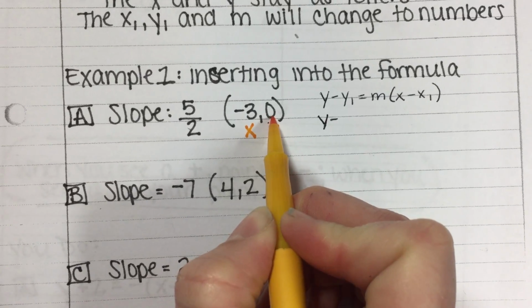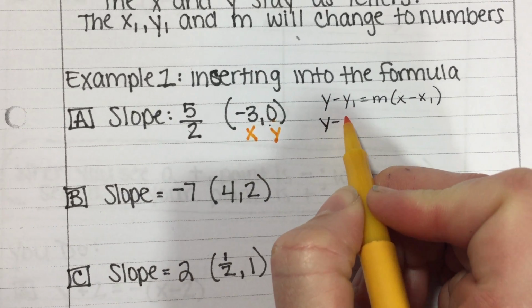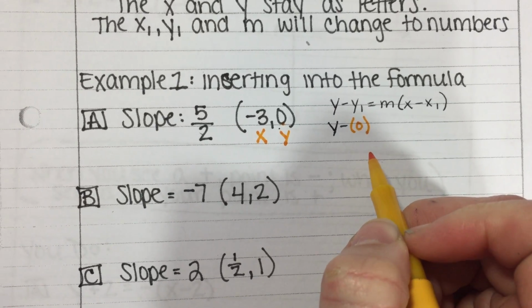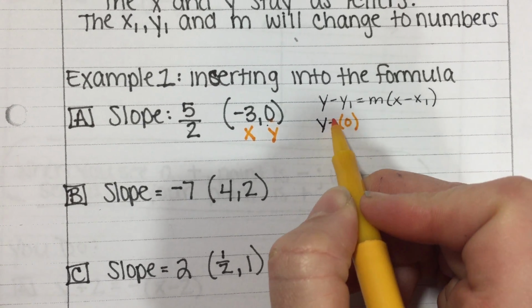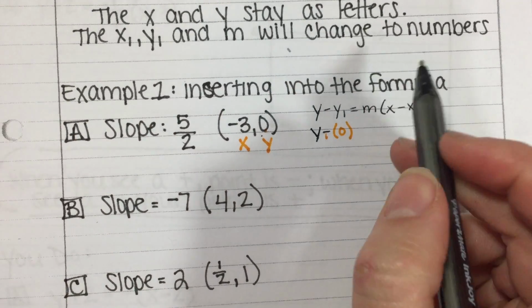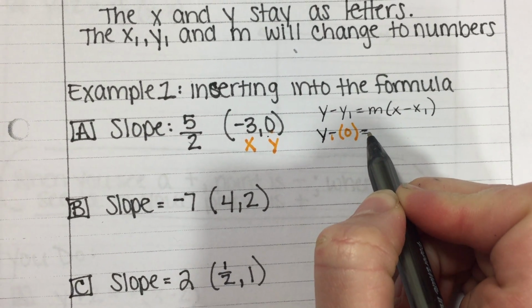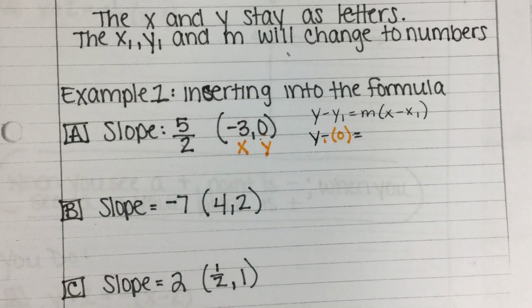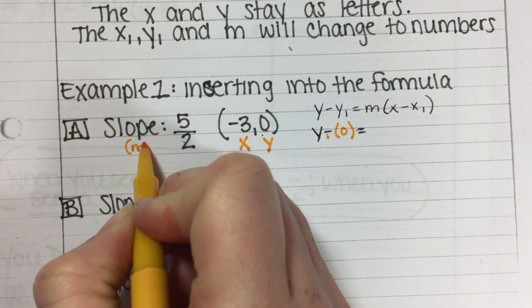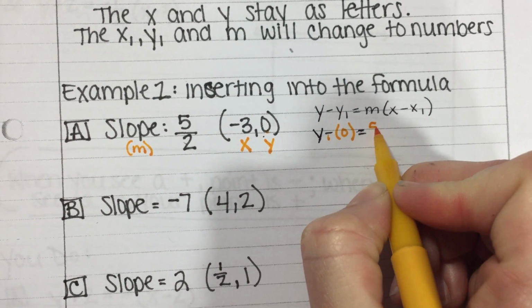So y1 is my y value, so I'm going to plug in a 0. Now I'm going to wrap him in parentheses just in case it would affect this negative sign. My equal sign stays as is. My m is a value that I steal, so remember m is slope. So I'm going to steal my 5/2.